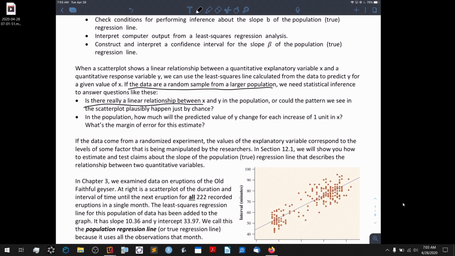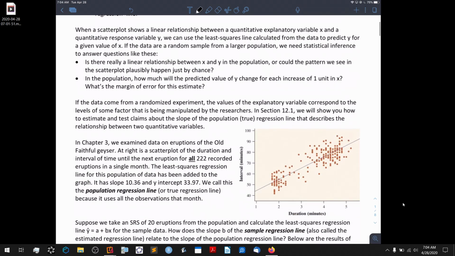And in the population, how much will the predicted value change for each increase of 1 unit in x? Okay, and what's the margin of error? Again, everything we did in chapter 3 was about sample data, and we want to see how that actually holds true for population data. Okay, so we want to do inference to the population.